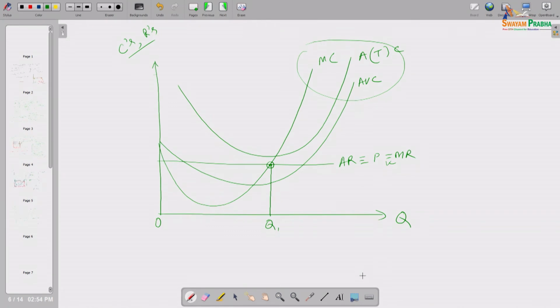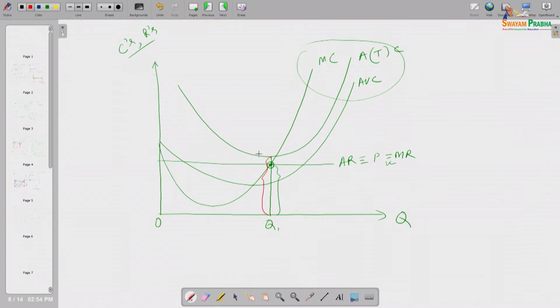So, what will his profit be in that case? Look here: at that quantity, this is the price. What is the average total cost? The average total cost is this, the average total cost per unit of output. So, how much is the total cost?